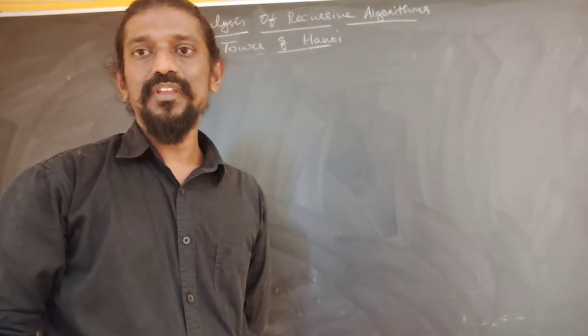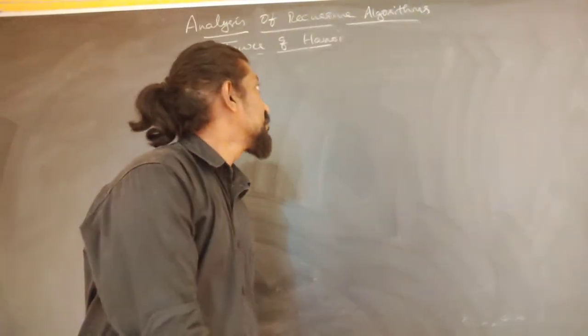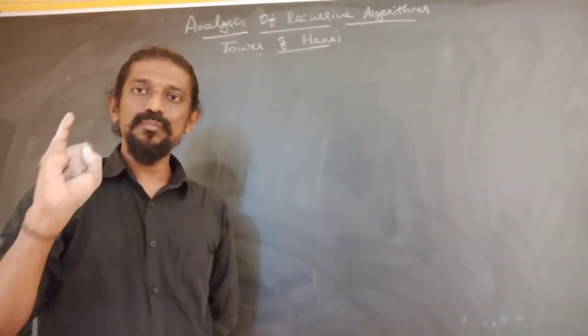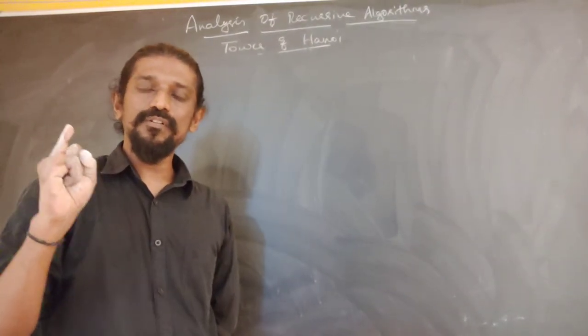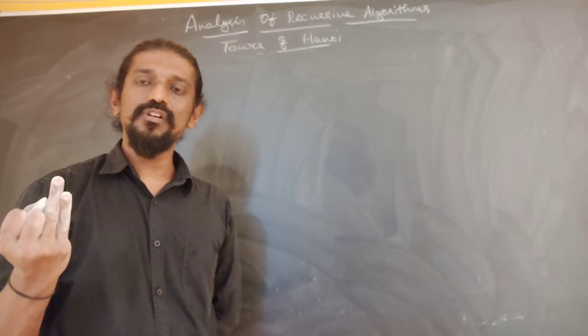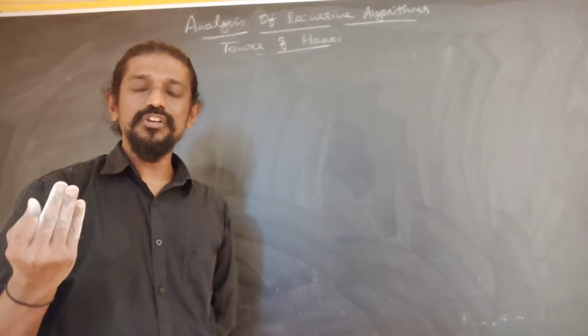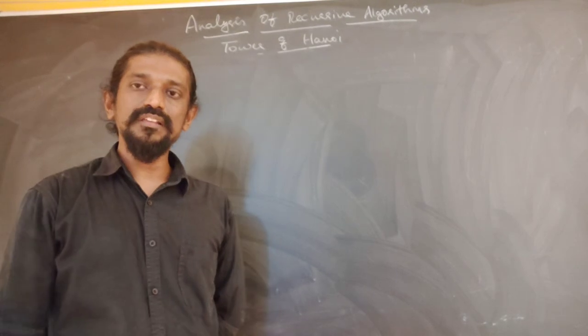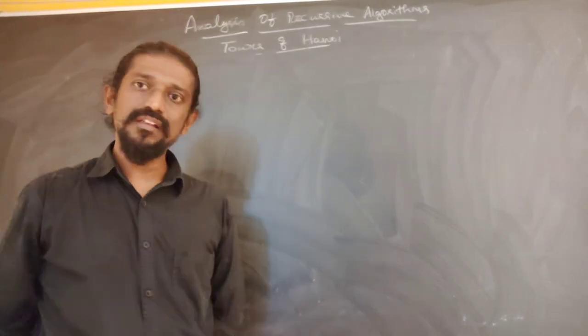So with this we'll conclude. For analyzing recursive algorithms, first we estimate the input size, then the basic operation in the algorithm, and the number of times the basic operation is executed. For recursive algorithms, it will be a recurrence relation. We saw how to write the recurrence relation.